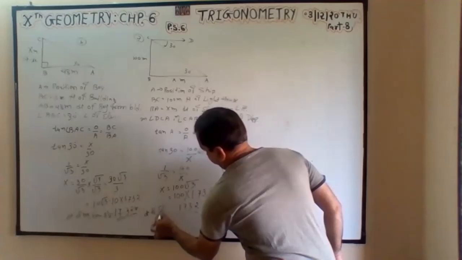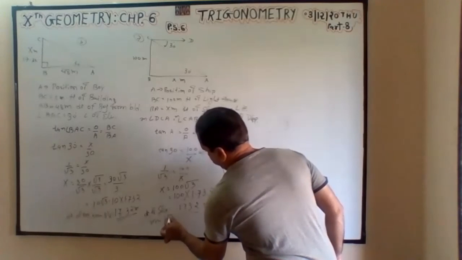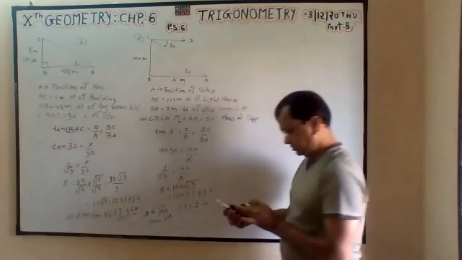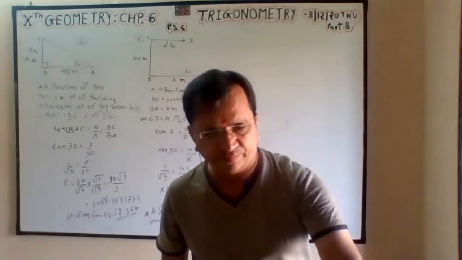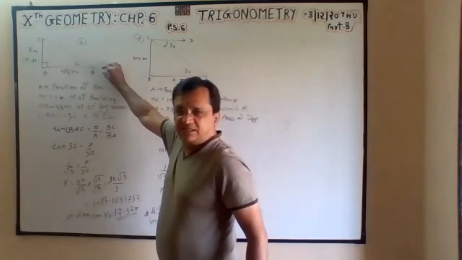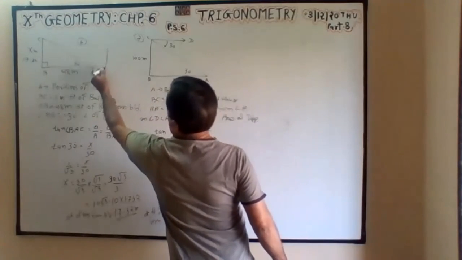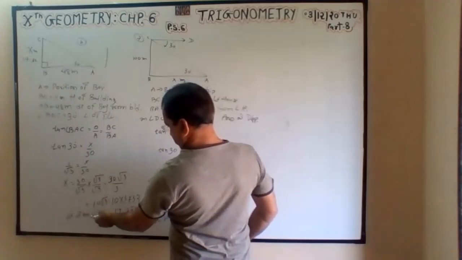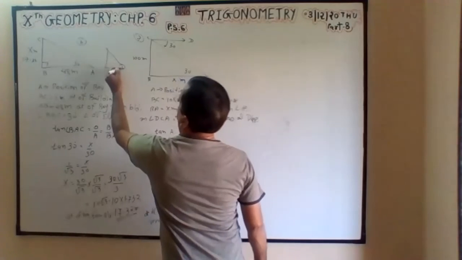Distance of ship from lighthouse. So first of all, you have to draw the sketch. Sometimes a boy is given, and students draw like this: this is the building, and the boy is this, and then this.